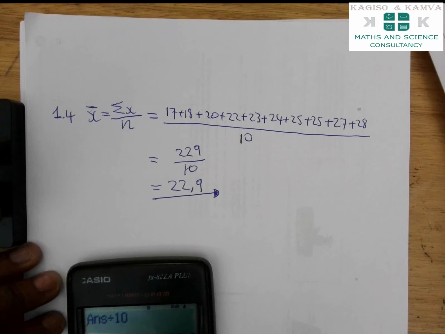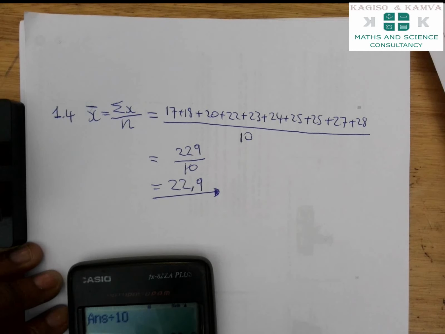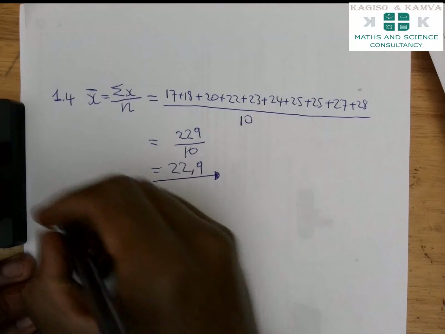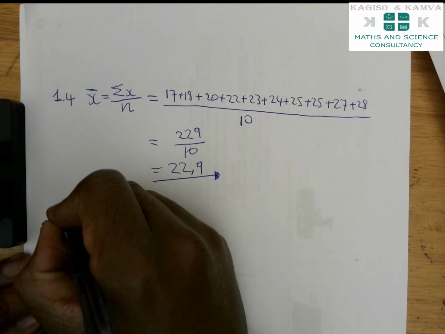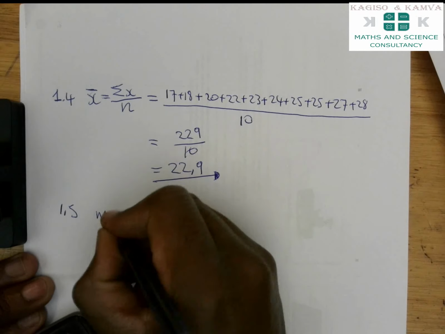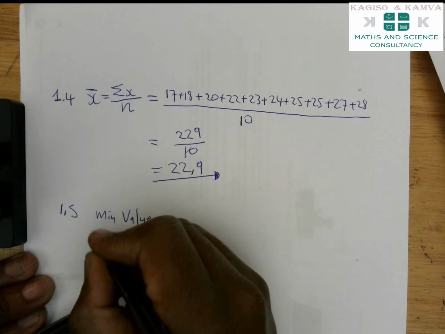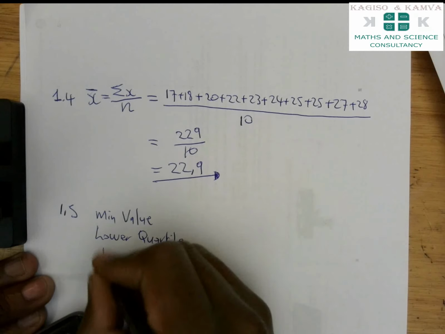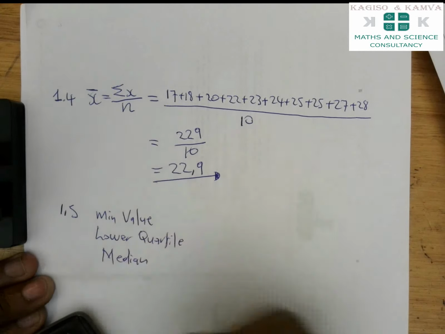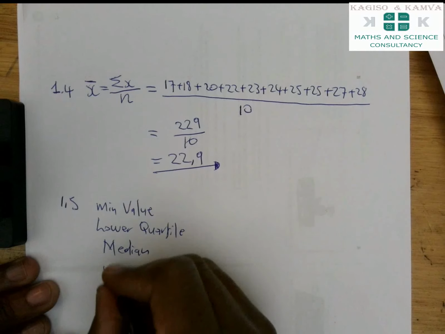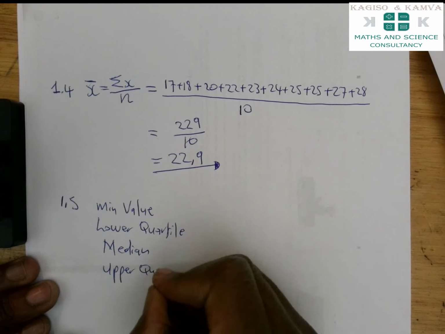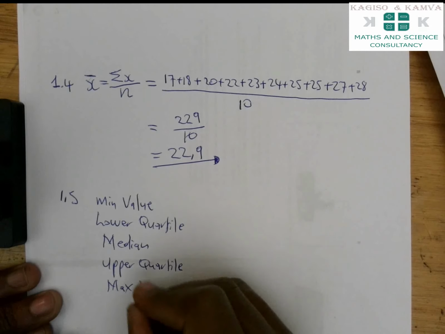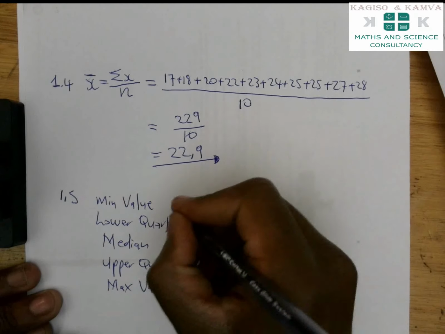Okay, and then the next question is write down the five number summary. With the 5 number summary, 1.5, we're going to have the minimum value, lower quartile, median, upper quartile, maximum value.